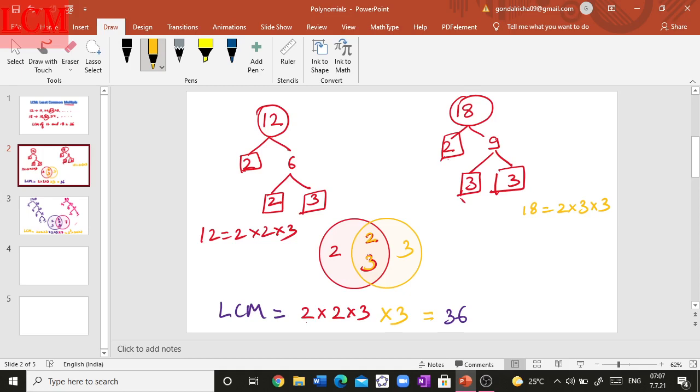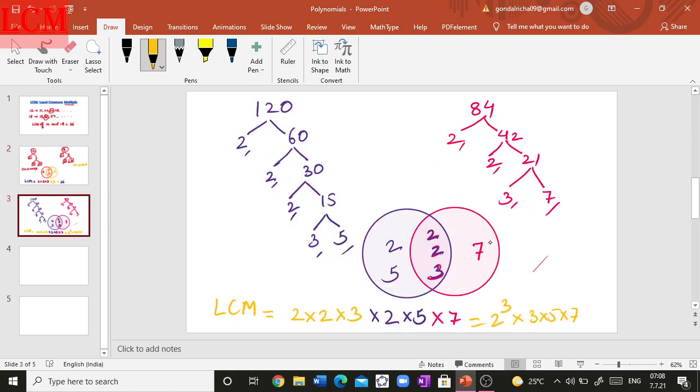So this will be giving you the LCM. Again, we have seen another example, that is 120 and 84. And we have found out that LCM would be given by the product of these common factors and the uncommon factors. Okay. So I hope the concept of this LCM is clear to you.